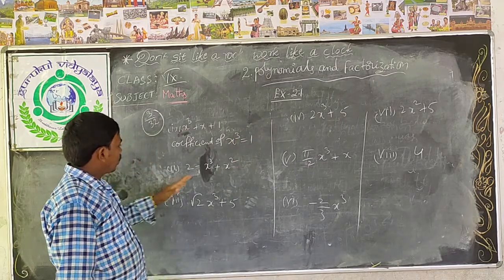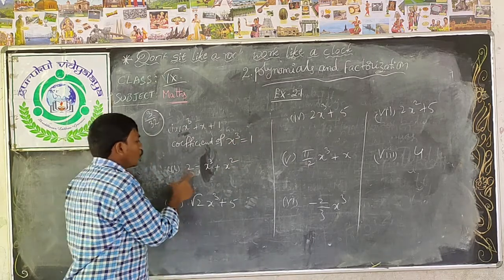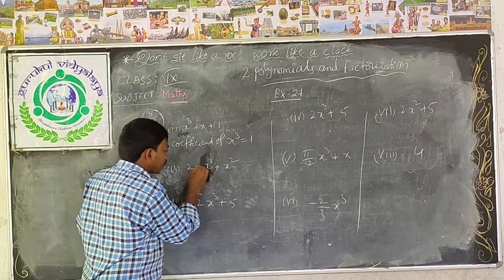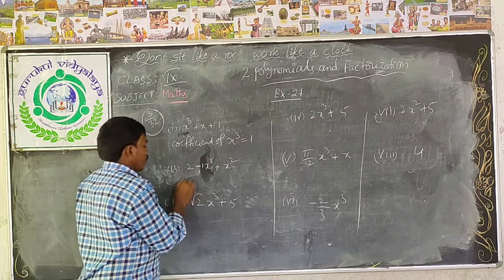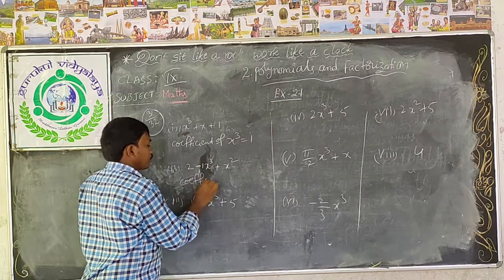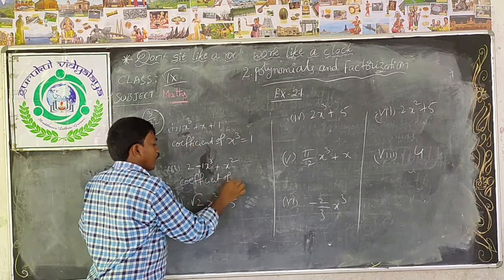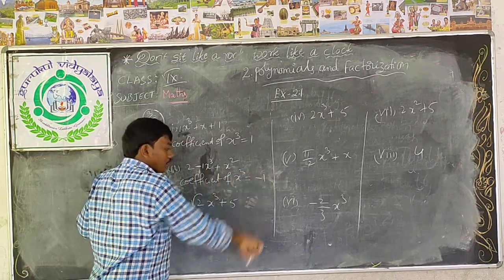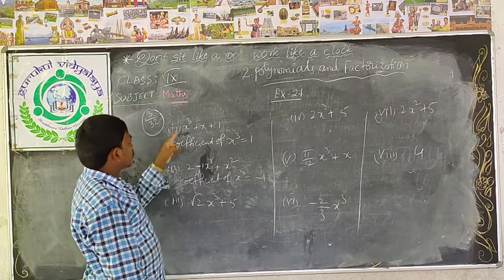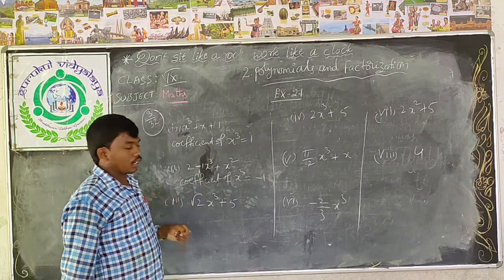Okay. Here see the children, 2 minus x cube. Here also minus is there, but in front of x cube there is no number, we will write 1. Coefficient of x cube is equal to minus 1, since minus is there. This is plus 1, this is the minus 1.